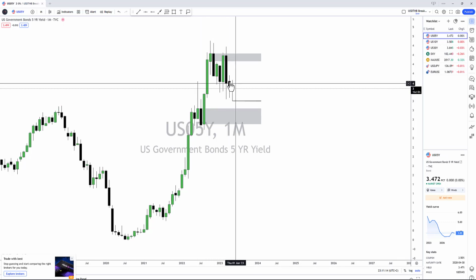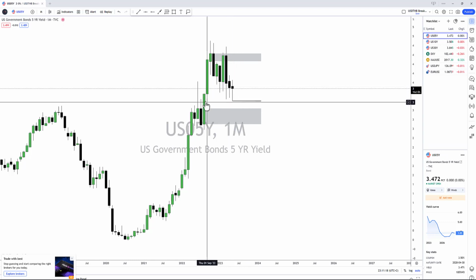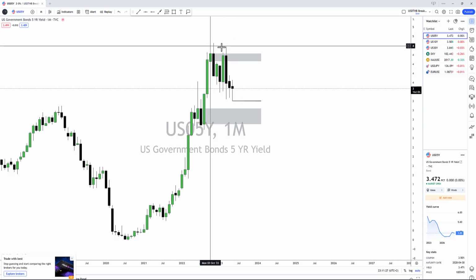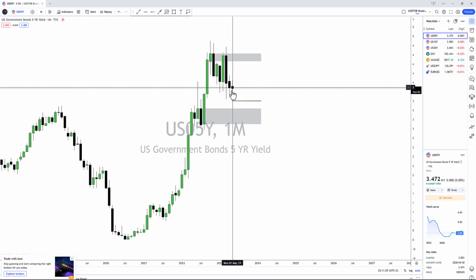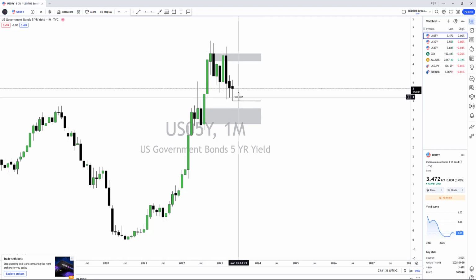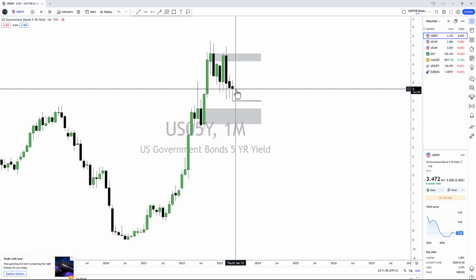So from this reaccumulation in fair value on a monthly chart, fair value for longs, ultimately we're bearish on long-term rates. They've been so high for quite a while, and right now market structure is pointing to the downside. So this week here, see the week on this 5-year monthly chart.